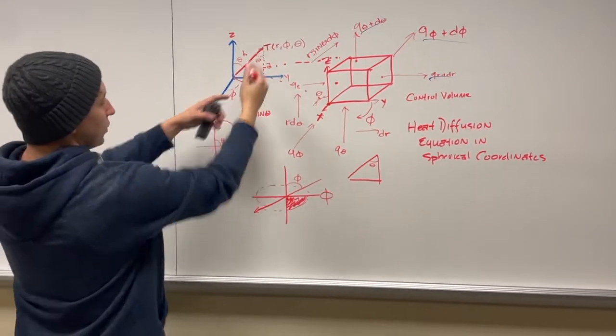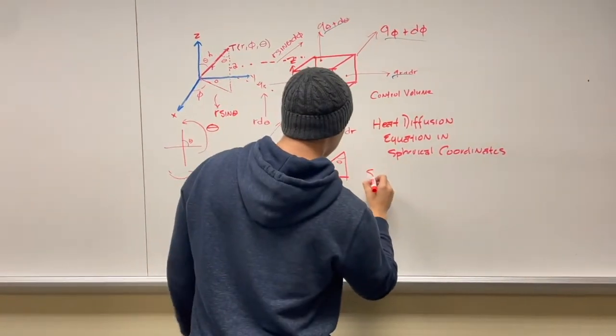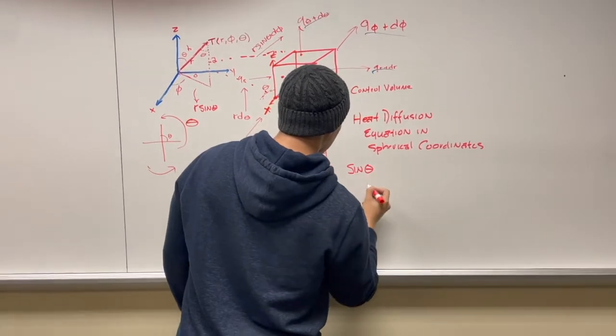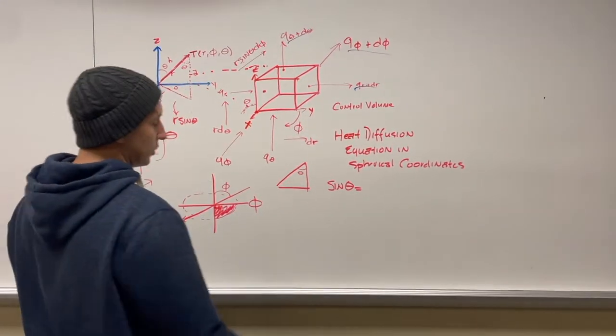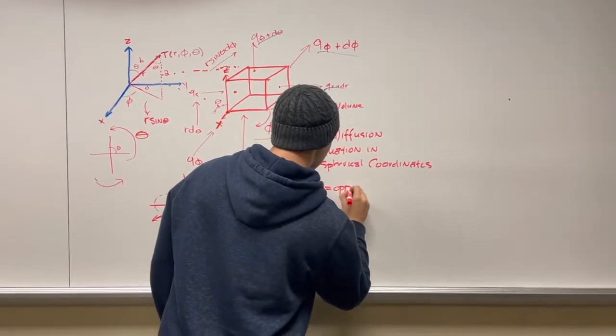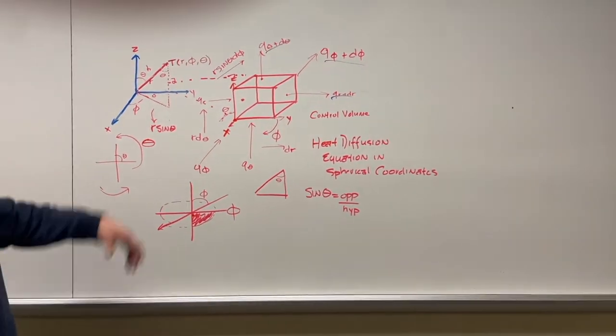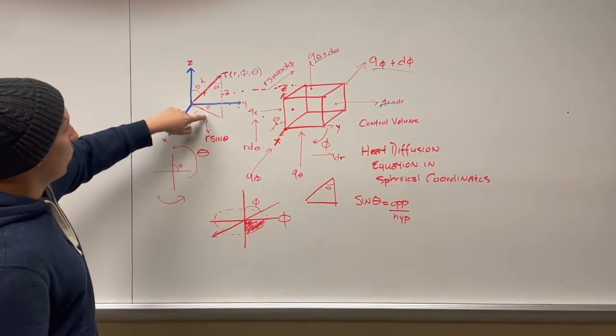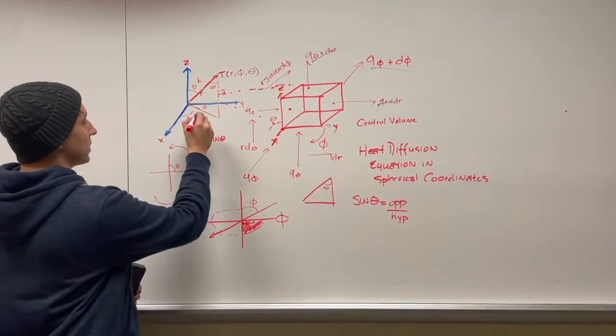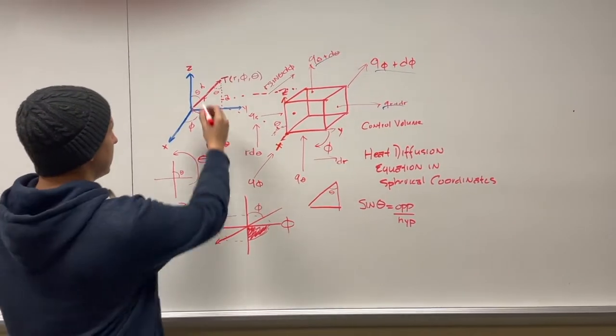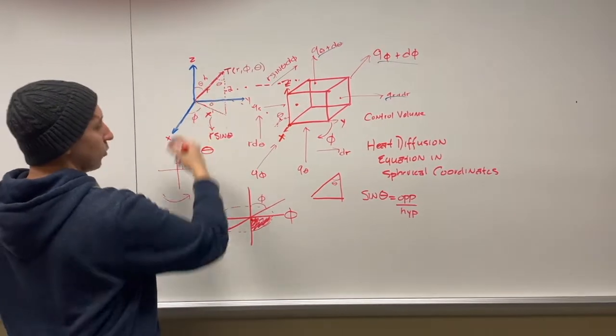And what we can do is use the sine. You know that sine is equal to the opposite over the hypotenuse, right? Makes sense. So what do we know here? Well, we don't know what this side is at all, so we can just call this x prime. And this is going to be our hypotenuse right here, which is r.